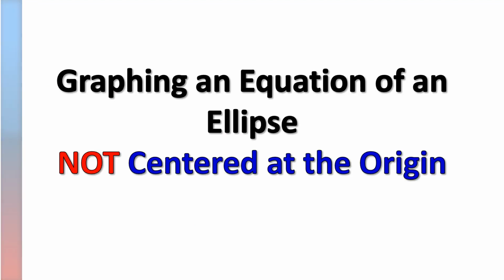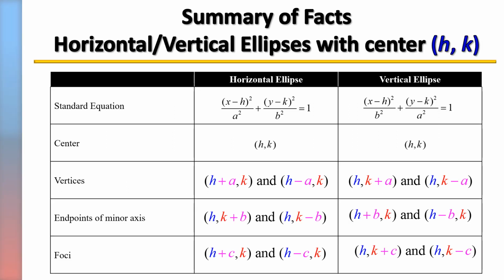So now we're going to look at graphing an equation of an ellipse that's not centered at the origin. So here are some quick facts, or a summary of facts rather, of some things you'll need to know about horizontal and vertical ellipses with center not at the origin.